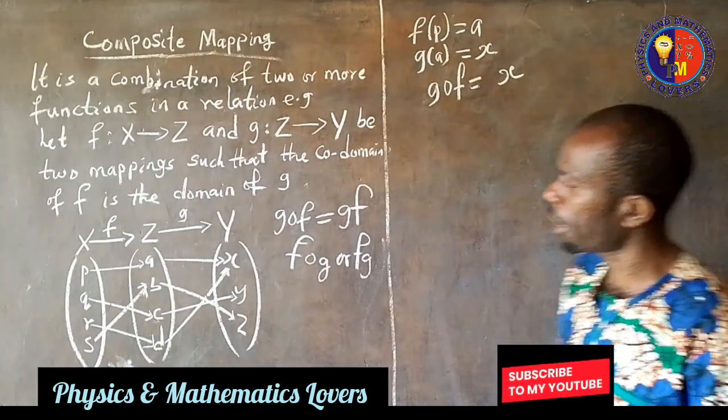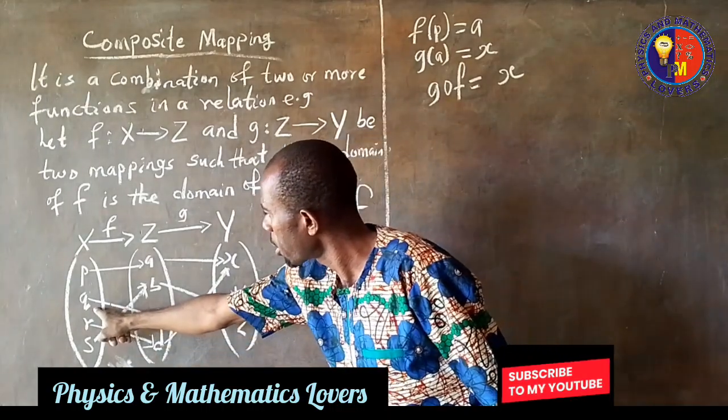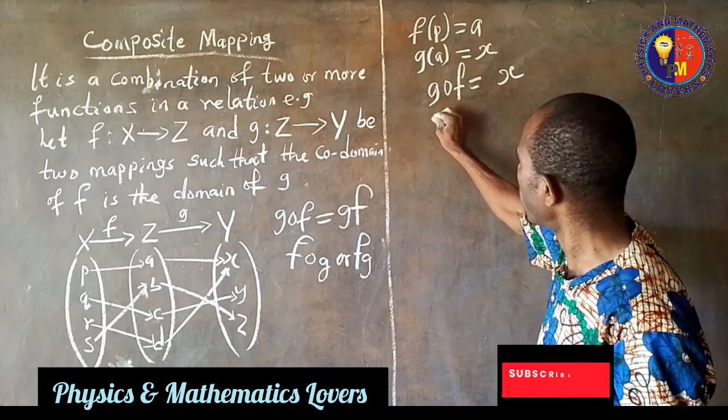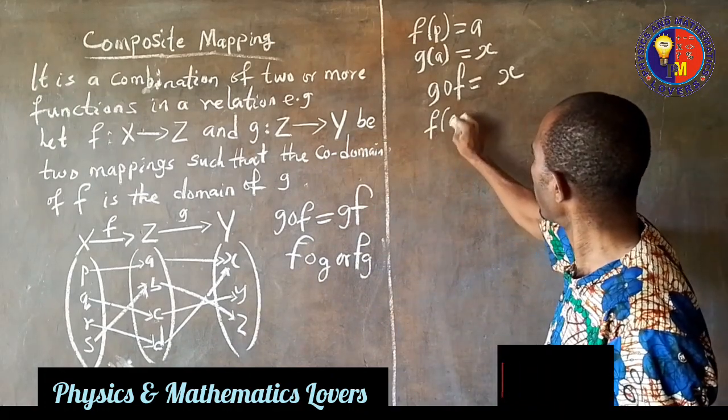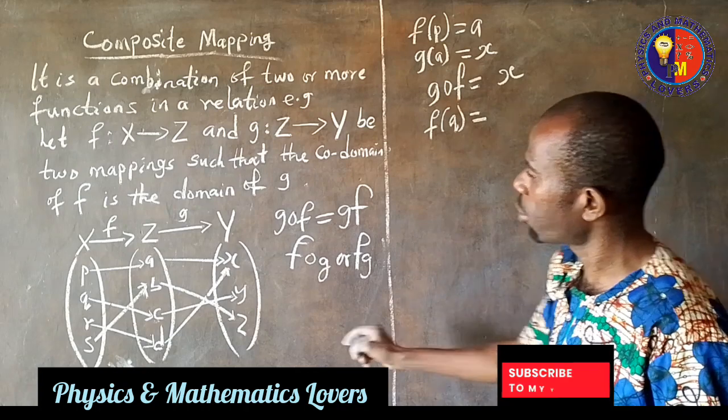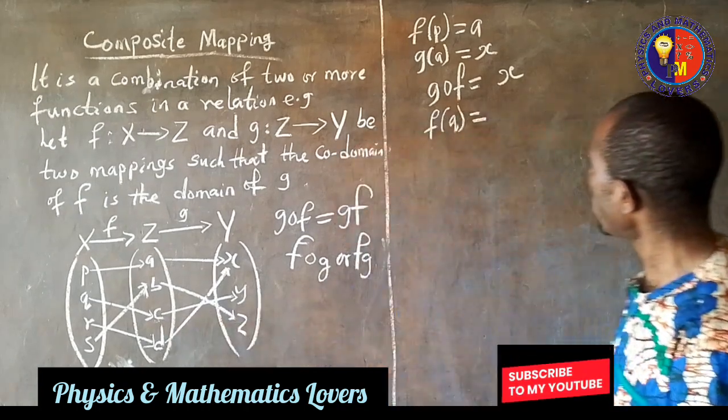Now look at the second element. My f of q produces an image c in its codomain.